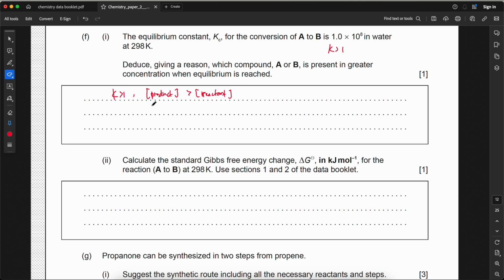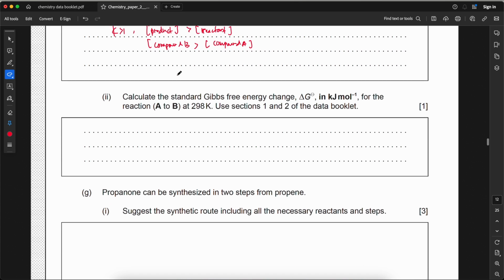Okay, B is the product. It means concentration of compound B is bigger than concentration of compound A, because K is bigger than 1. If K is less than 1, then the concentration of compound A or reactant is bigger than the concentration of product.